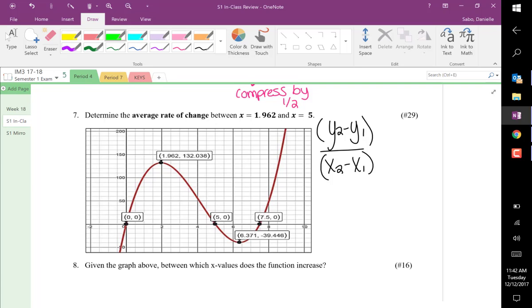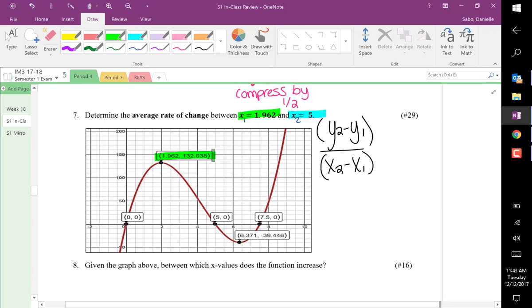I'm going to do one color for x1, and I have x2 in a different color because I'm trying to figure out the rate of change between those 2 x values. Remember, x values are where it's located. So in green I'm going to highlight the point that goes with it.